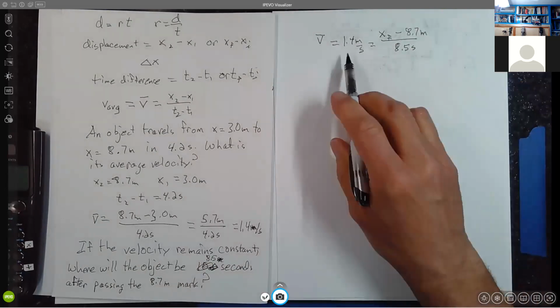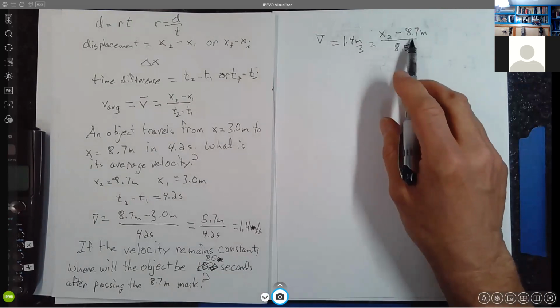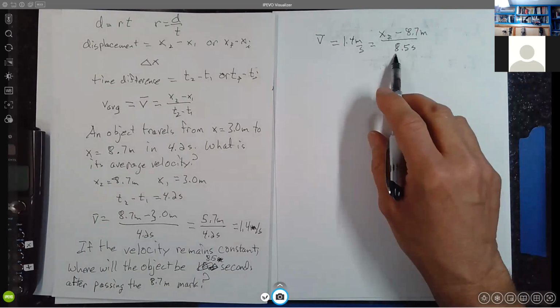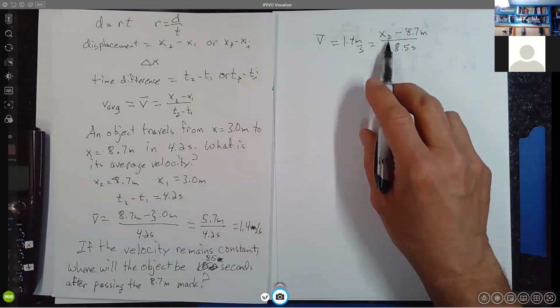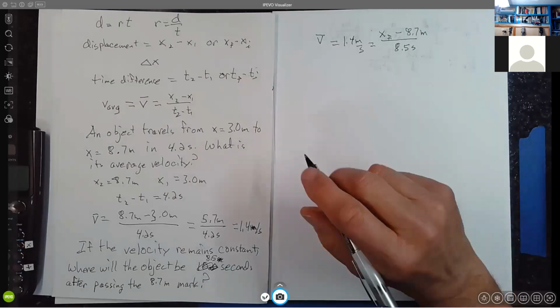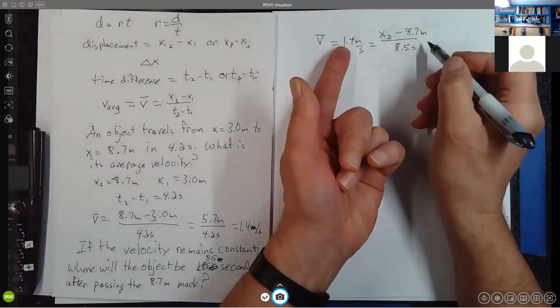Okay, it's got the same average velocity. I know where it's starting from, and I know how long it's traveling for past that point, but I don't know what the final position happens to be. And so I'll write it like this, and then solve that.